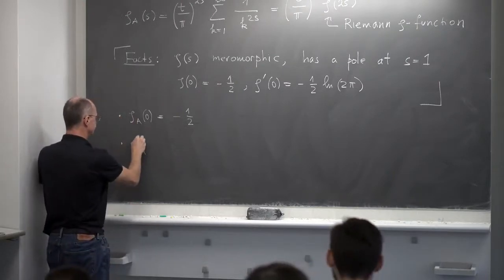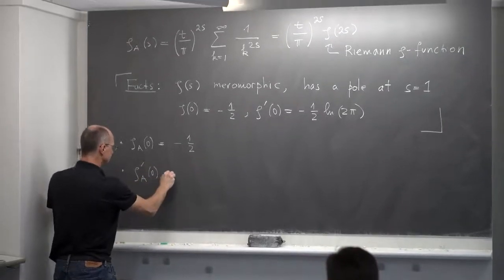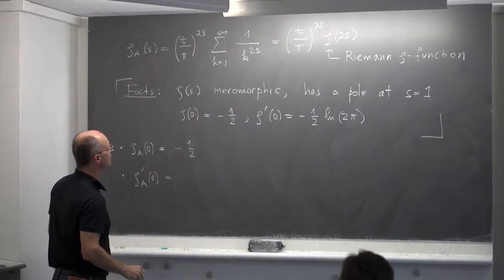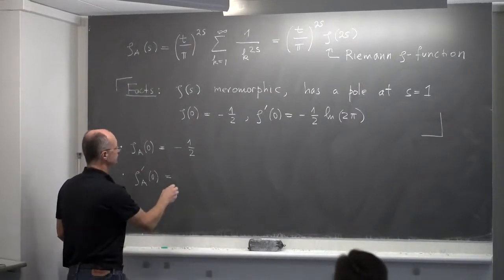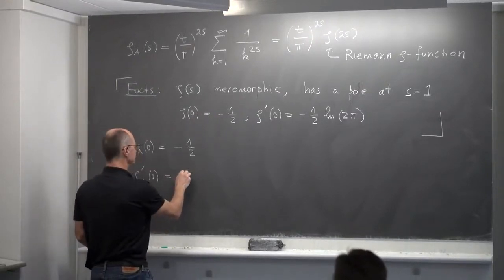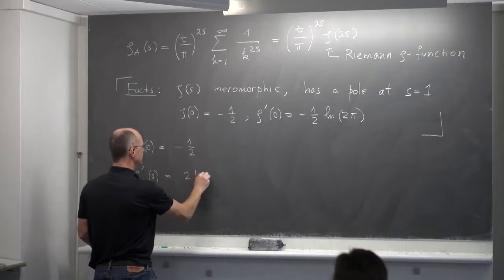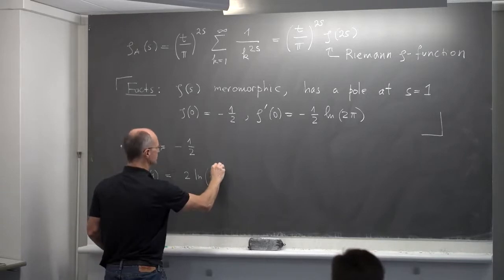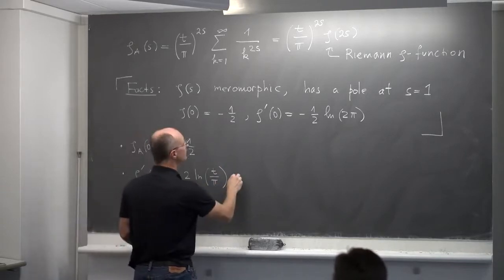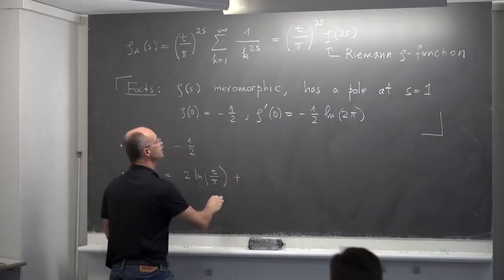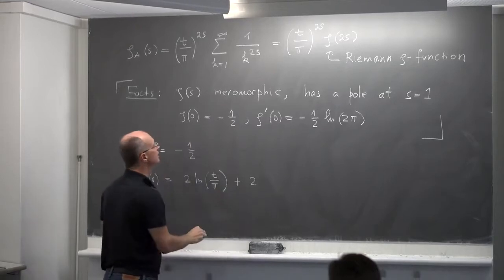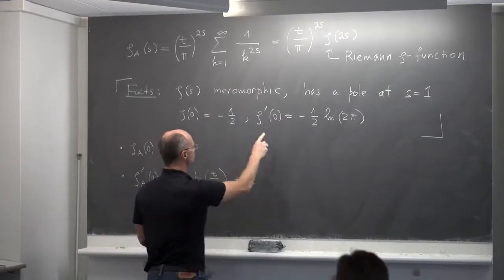And zeta prime of 0. So how is it? What will it be? So this will be 2 logarithm of t over pi plus what? Plus 2 derivatives, right?